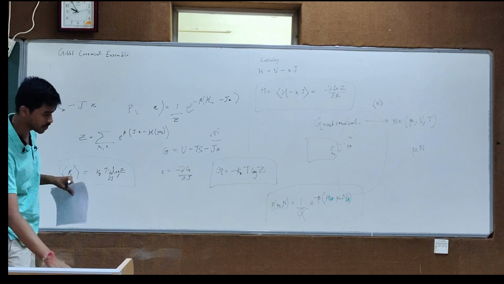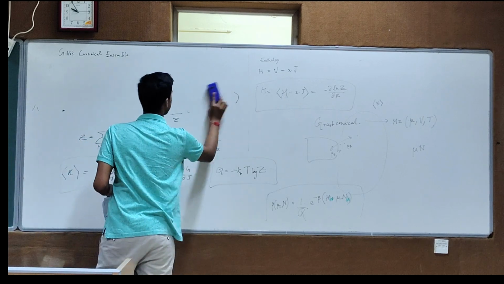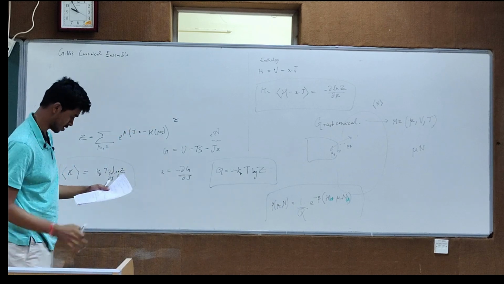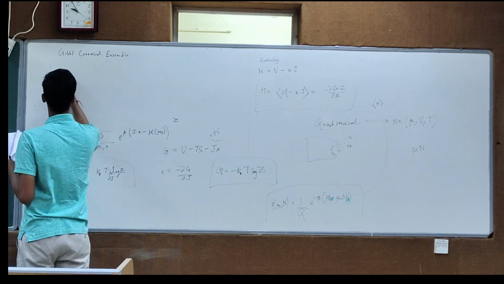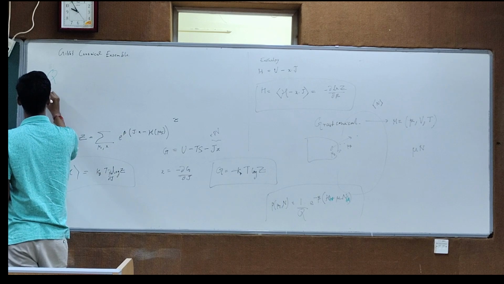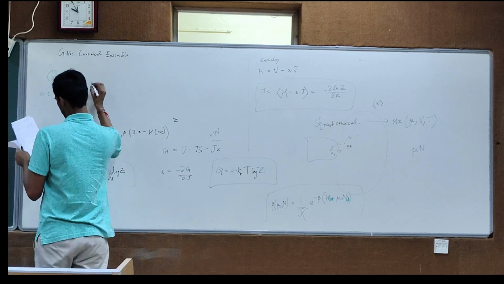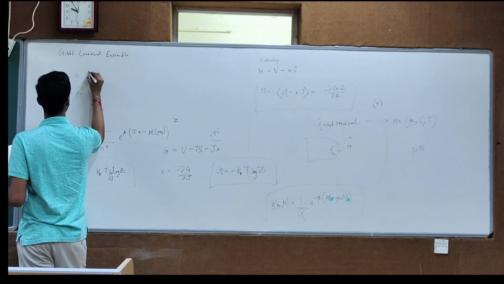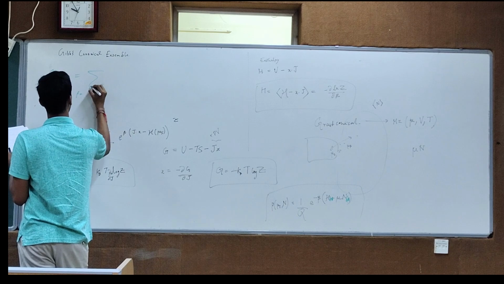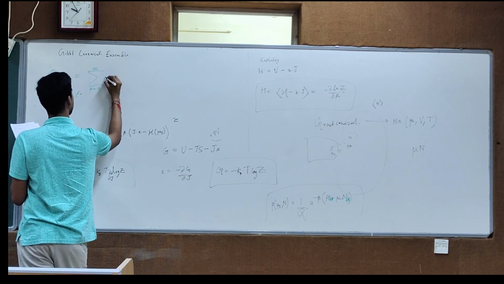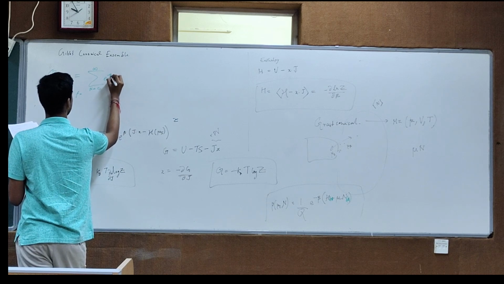So you can evaluate Q in the following way. Q is the grand canonical partition function, and this is basically the sum over N equal to 0 to infinity of e to the power minus.